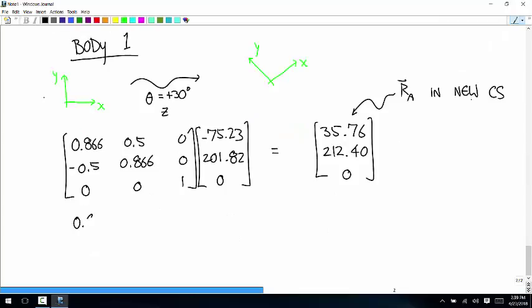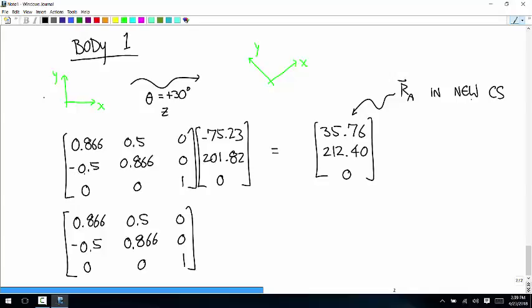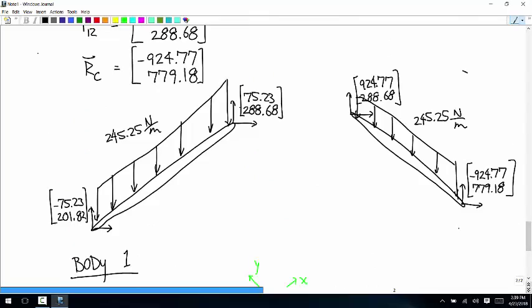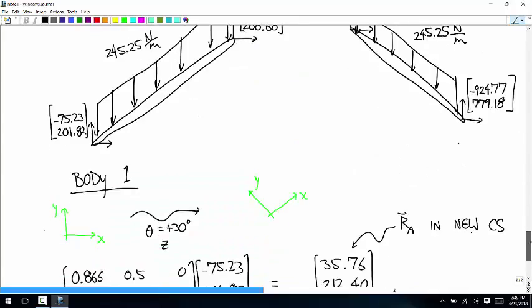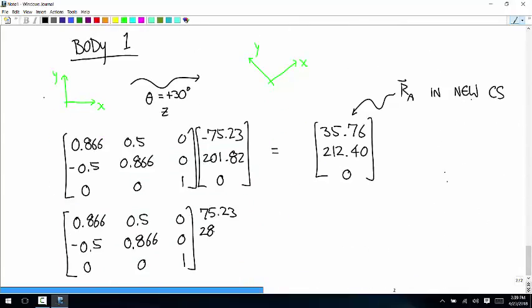And now we'll take the same matrix and multiply it by the force vector up at the top, that combined force vector. So that's 75.23, and then 288.68, and then 0.